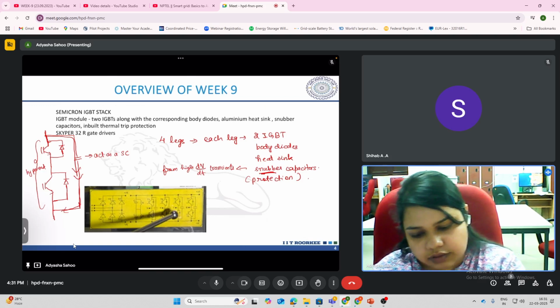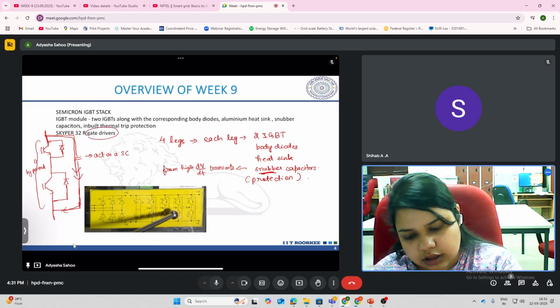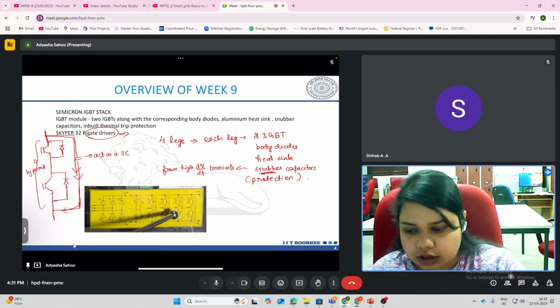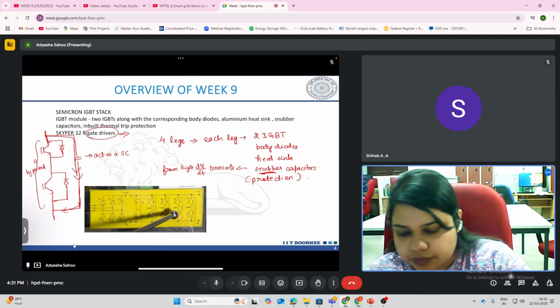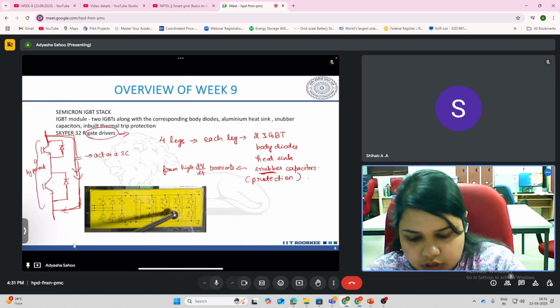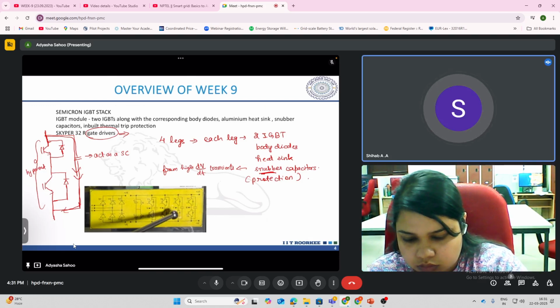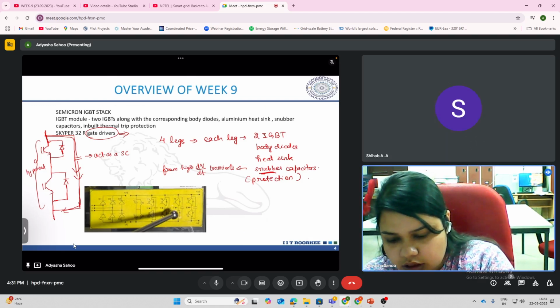And then we have this gate driver circuit. Basically, it gives you the pulses. The OpenRT, or the simulator, will run the control algorithm.